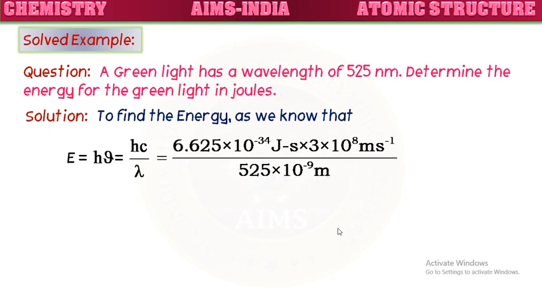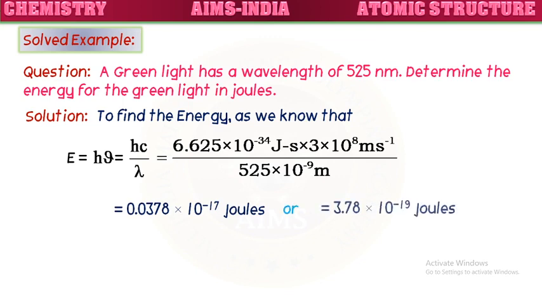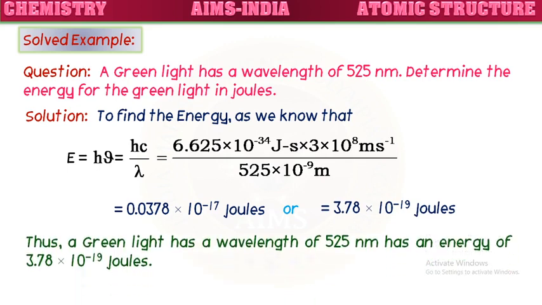So by calculating, we get energy as 0.0378 into 10 to the power of minus 17 joules, or 3.78 into 10 to the power of minus 19 joules. Thus, a green light of wavelength 525 nanometers has an energy of 3.78 into 10 to the power of minus 19 joules.